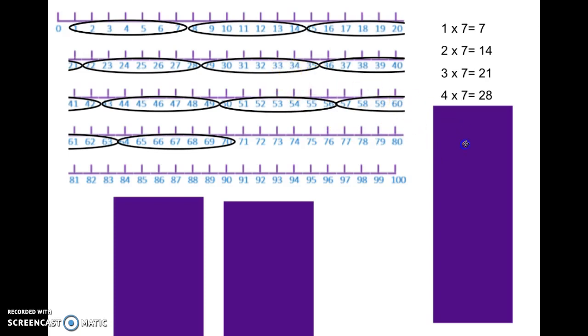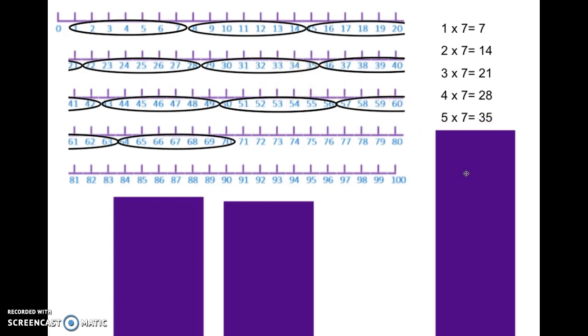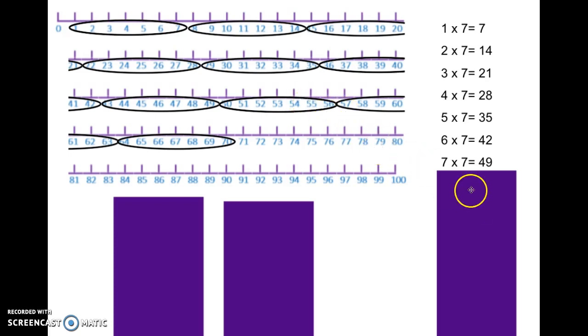5 sets of 7, 5 times 7 is 35. 6 sets of 7, 6 times 7 is 42. 7 sets of 7, 7 times 7 is 49. 8 sets of 7, 8 times 7 is 56. 9 sets of 7, 9 times 7 is 63.